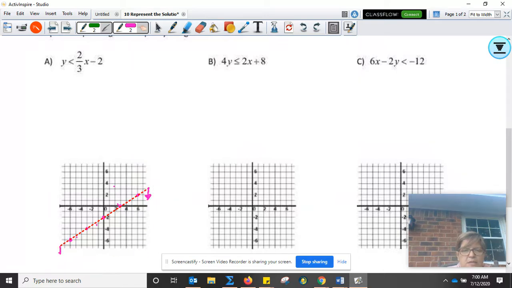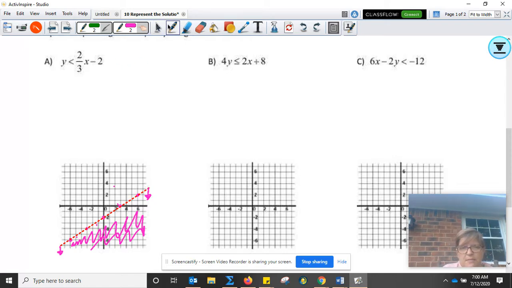So it's going to be shaded down here. All these points are going to be in that solution. However, for the dashed line, nothing on that line or above will be part of your solution.